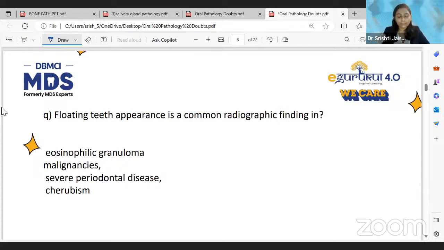It is seen in eosinophilic granuloma, and in malignancies like squamous cell carcinoma, and in severe periodontal destruction, which is why the appearance is floating tooth appearance. You would have done this in your perio lectures. And in cherubism, these are most commonly seen in children. What do we see? Bilateral jaw enlargement.